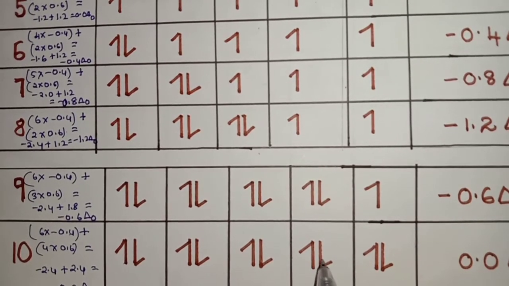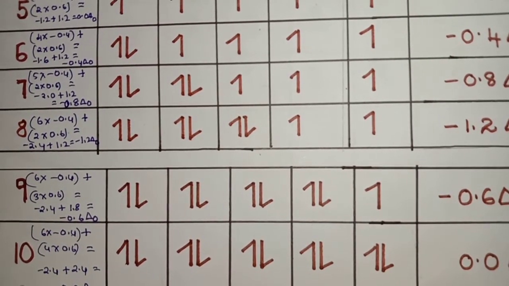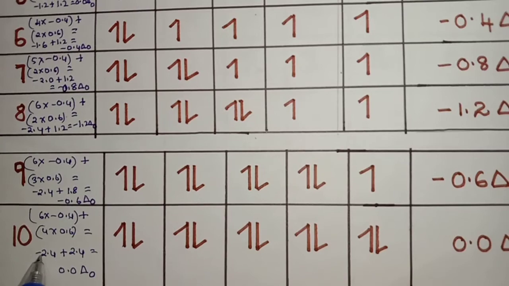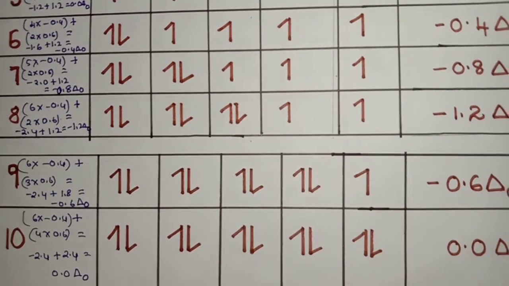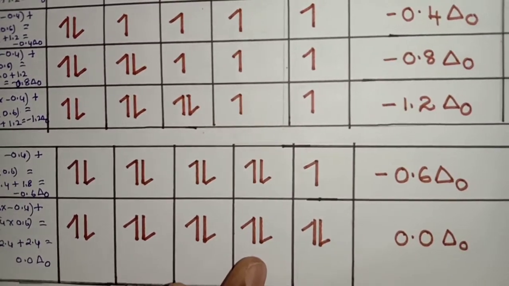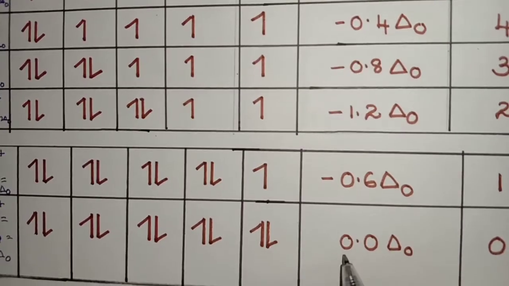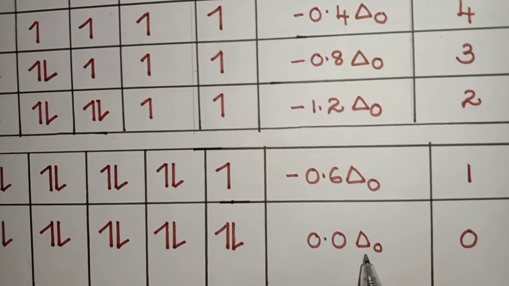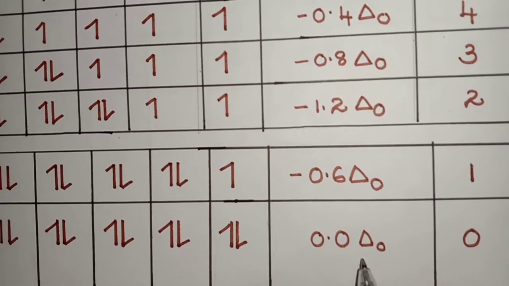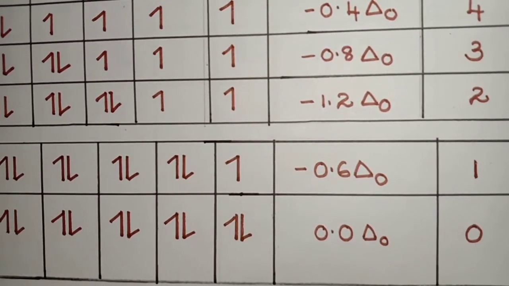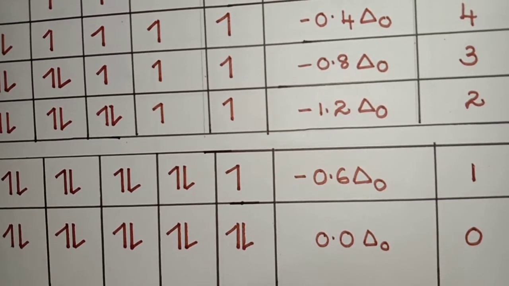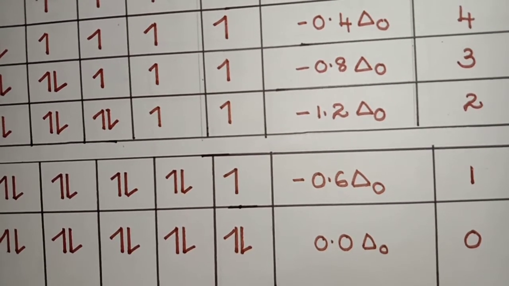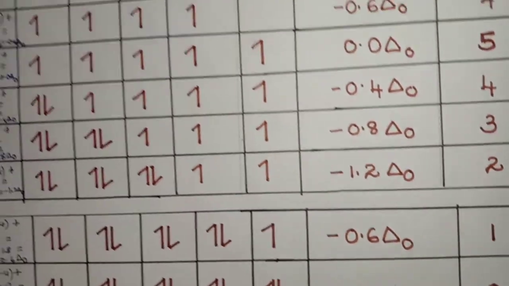Why? Because there are 4 electrons in Eg orbitals. So total comes to minus 2.4 plus 2.4, which becomes equal to 0.0. So that's what I have written here, 0.0 delta O. And if you count the number of unpaired electrons, it is 0 in this case when number of electrons in d orbital is 10. Okay students, am I clear?